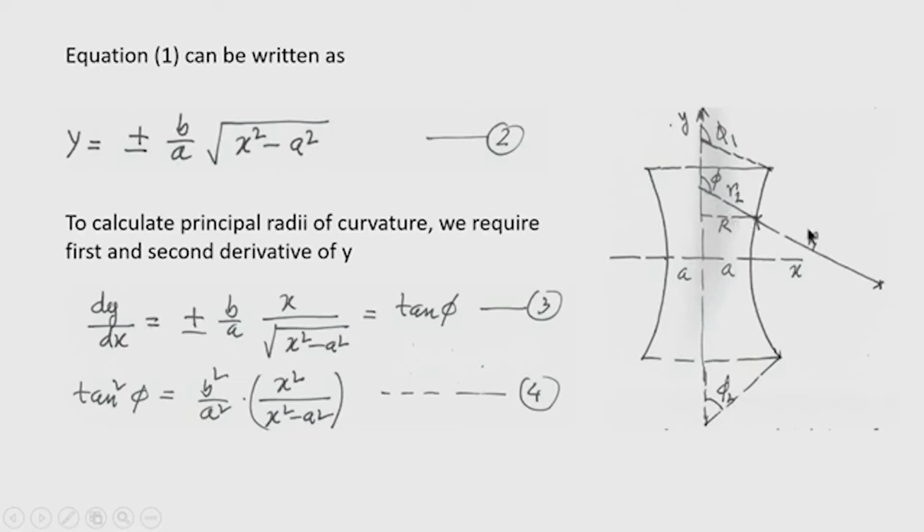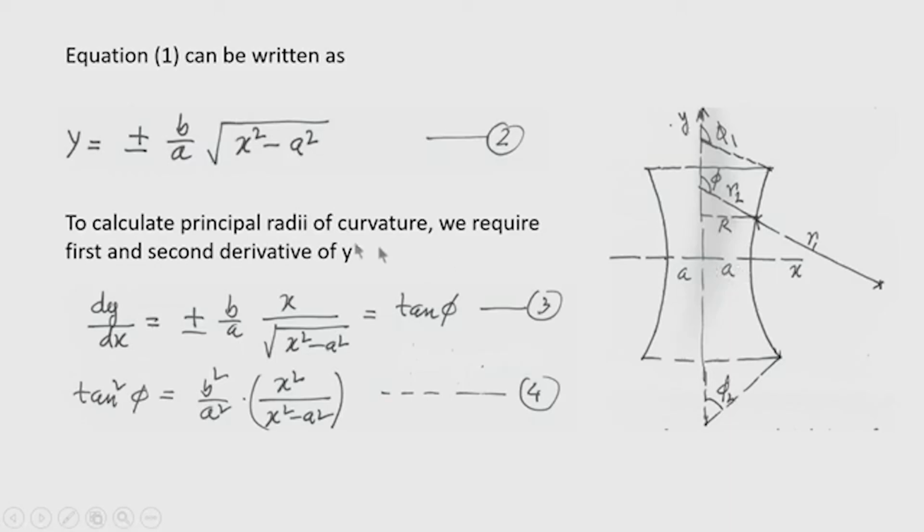So, two radii of curvature R 1 and R 2 are shown here, where R 1 will meet the center in the opposite direction, whereas R 2 will meet the vertical axis of rotation at this point. So, they are on the opposite sides of the middle surface of the shell.